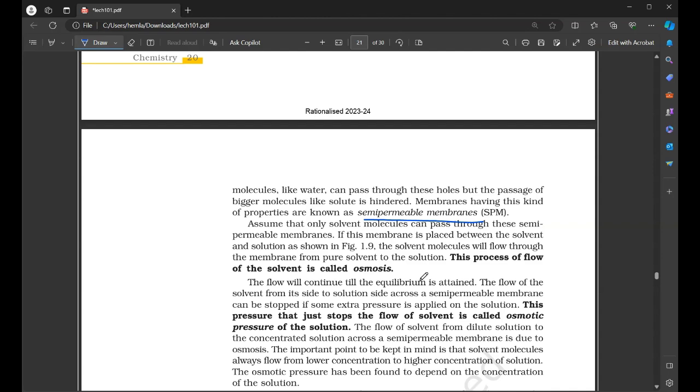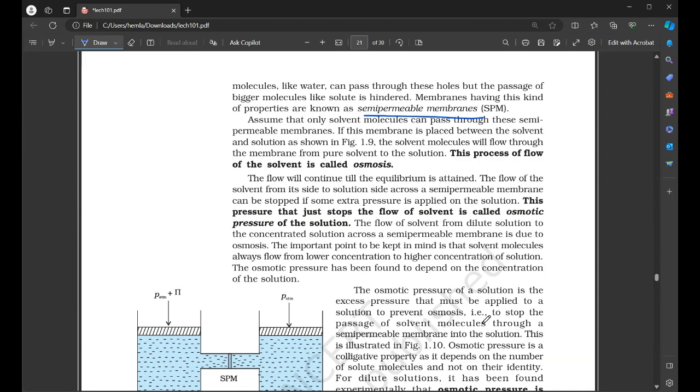वो जो हायर से लोअर जाता है, लोअर से हायर, so the flow of solvent from its side to solution side across a semi-permeable membrane can be stopped if extra pressure is applied on the solution. This pressure that just stops the flow of solvent is called the osmotic pressure of solution. तो ये जो फ्लो है इसे हम रोकने के लिए एक प्रेशर लगा सकते हैं और that pressure is called as osmotic pressure.